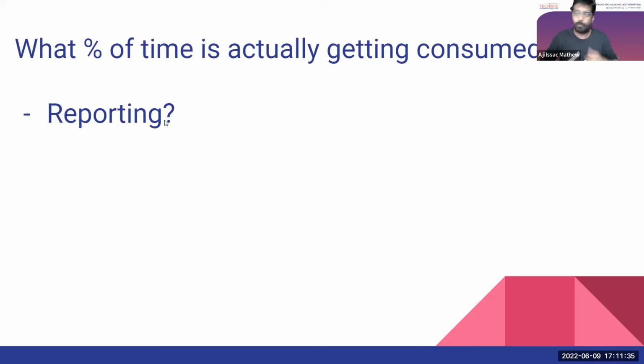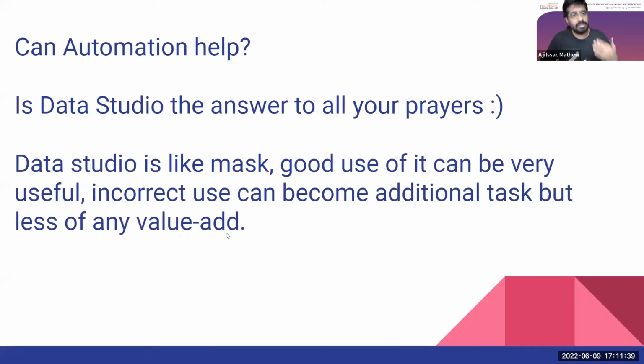But the reporting has its own benefit, as I said. If it is done too much, though, in our scenario we always say that anything which is not at an execution level, which includes analysis, strategy, and reporting, we like to keep within 20%.